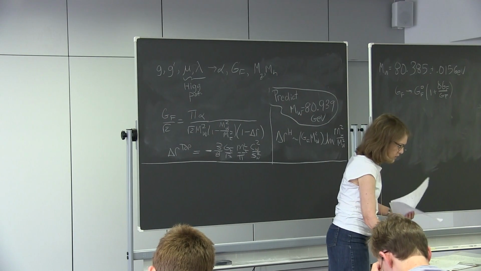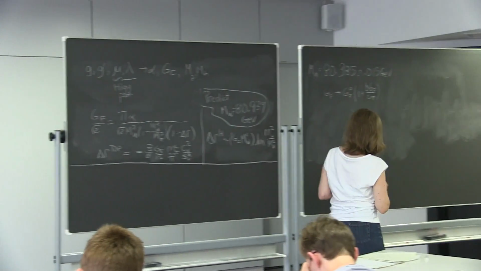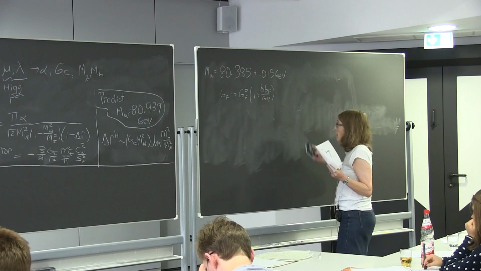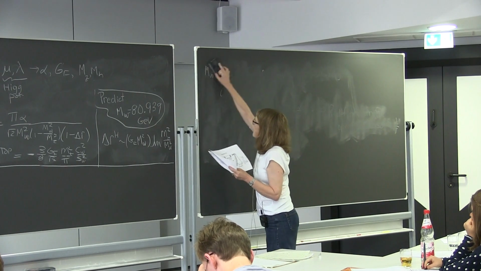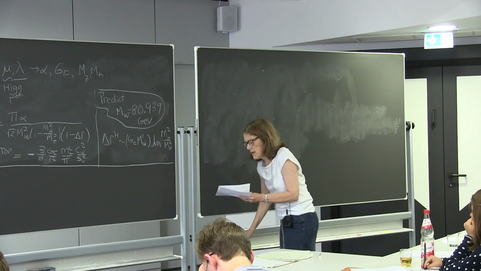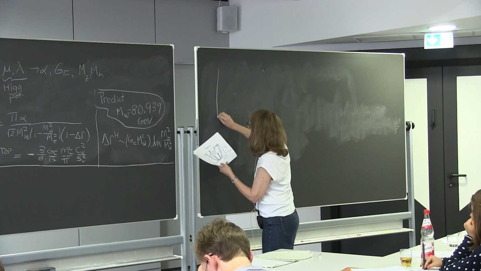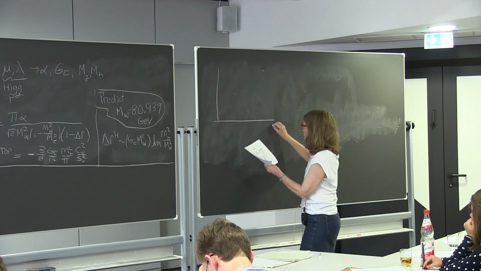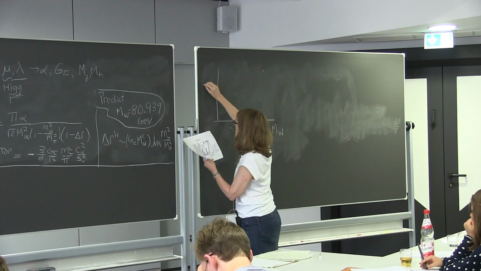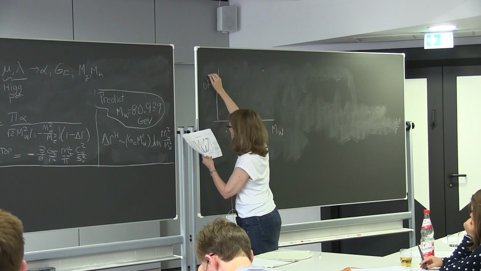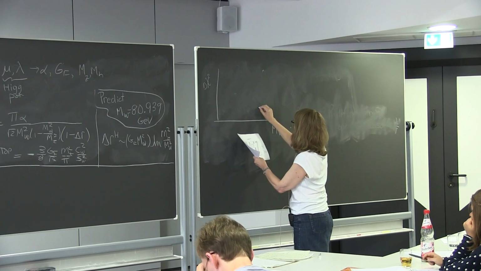So now we can do some really nifty things here. Let me try to sketch a chi-squared plot, which probably won't come out too well. So here's MW. Here's the delta chi-squared. Here's the measured value over here.